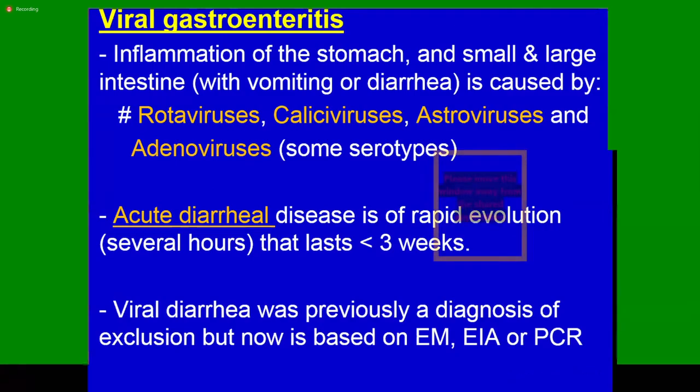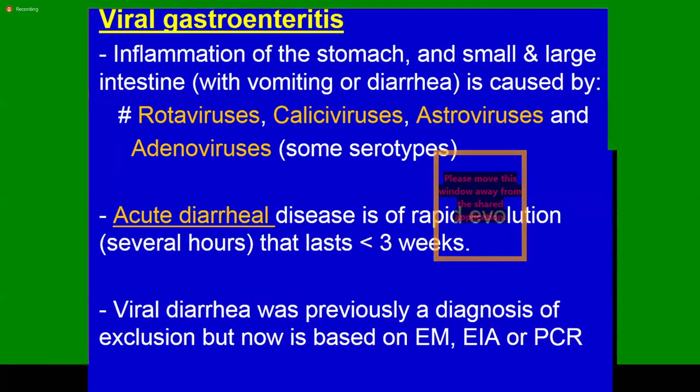It could be acute diarrheal illness, disease very rapid. It can start and resolve within several hours and may last sometime to a few weeks, less than 3 weeks, the acute one.